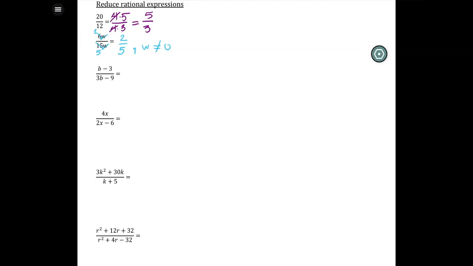Okay, number 2, it's really tempting to say, oh, well, b divided by b is 1, but notice if you walk through order of operations, the first thing we would do if we plugged in a number for b is we would simplify the top and the bottom.